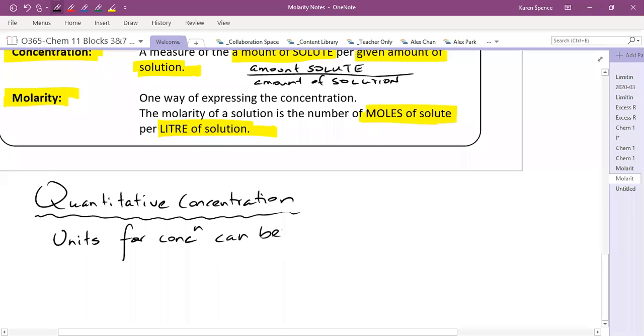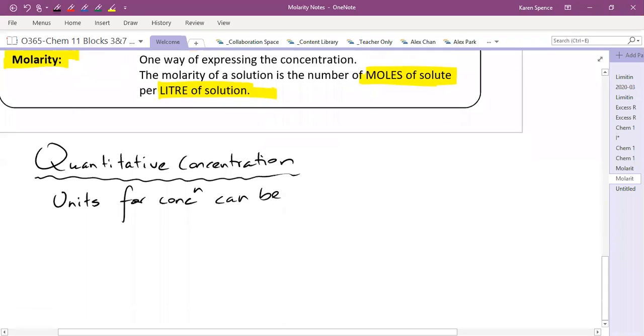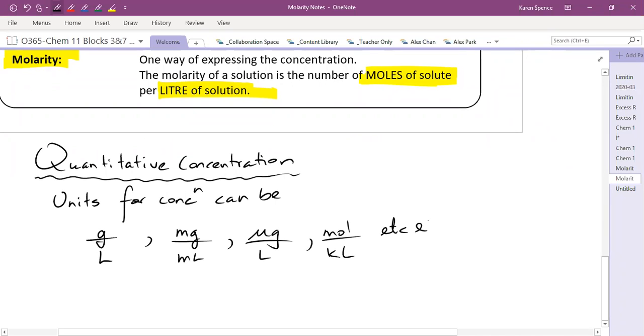They can be, as long as we have some sort of amount of solute, we could have grams of solute per liters of solution. We could have milligrams of solute per milliliter of solution. We could have micrograms per liter. We could have moles per kiloliter, etc., etc. Okay, all sorts of different kinds of units.